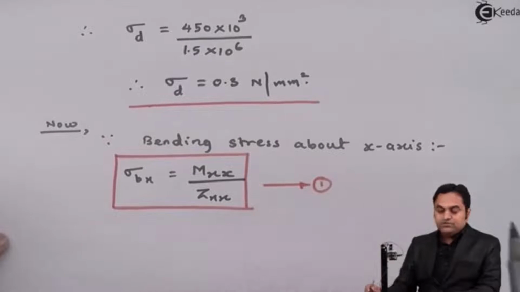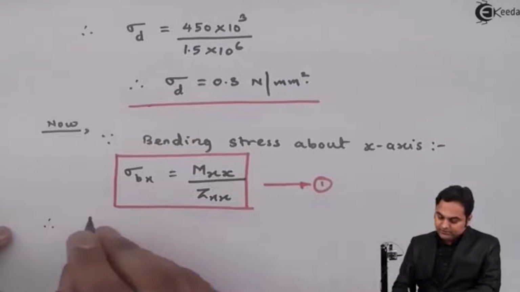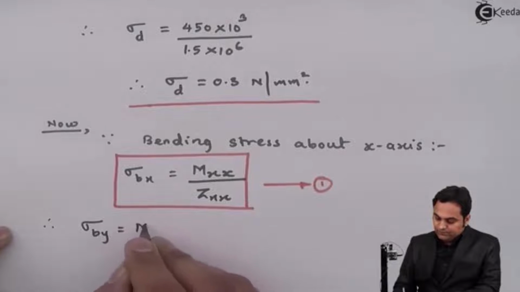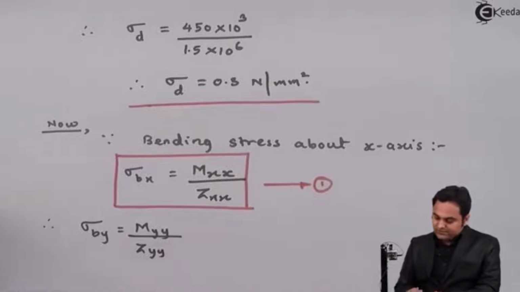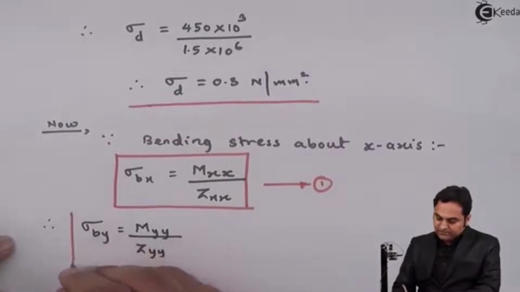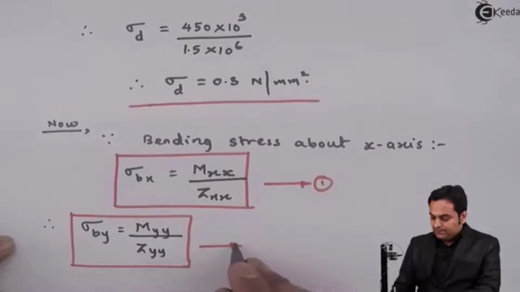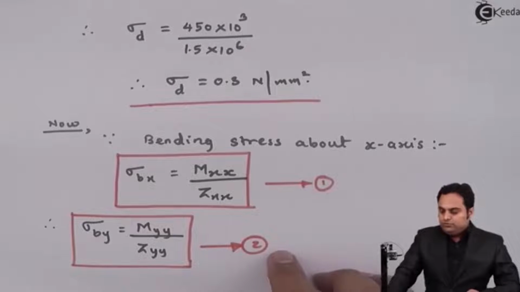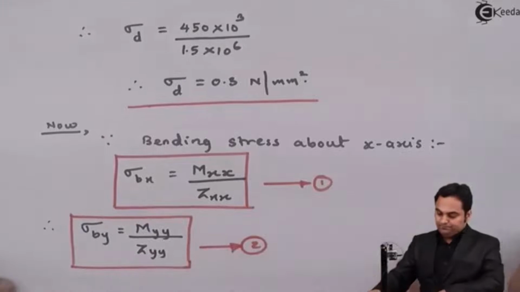Keeping this as equation 1, similarly we have sigma by is equal to Myy upon Zyy, that is bending stress about y-axis is bending moment about y-axis upon the section modulus. Second equation. Now we need to know all these values to calculate the bending stress, starting with Mxx.